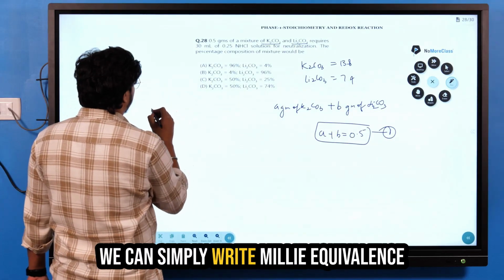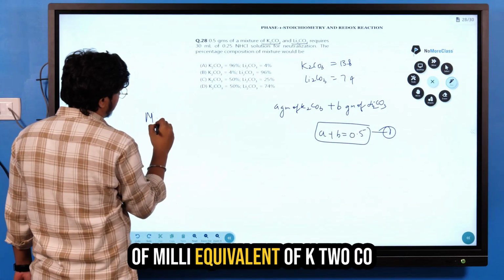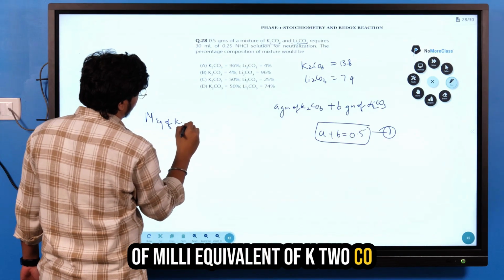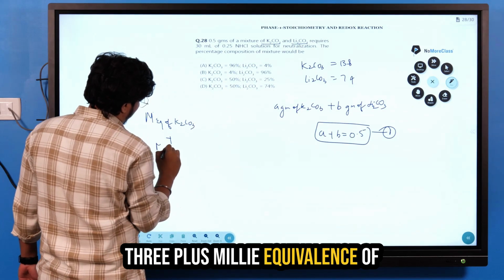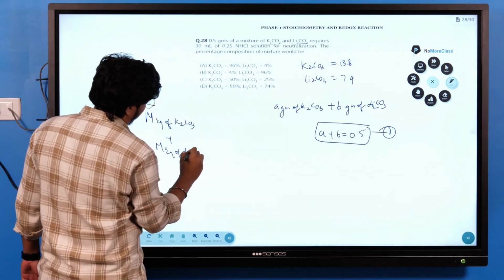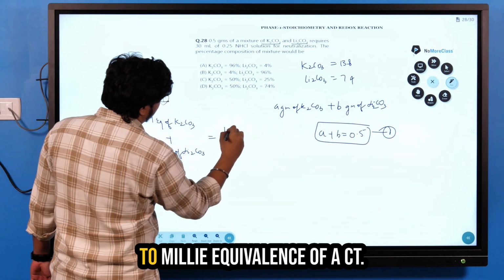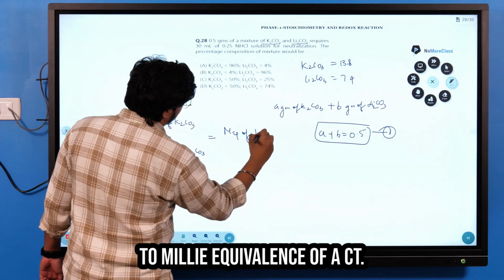We can simply write that the milliequivalents of K₂CO₃ plus the milliequivalents of Li₂CO₃ will be equal to the milliequivalents of HCl.